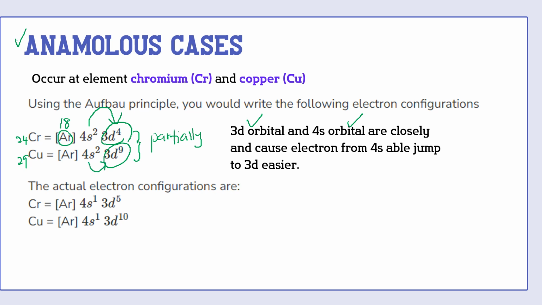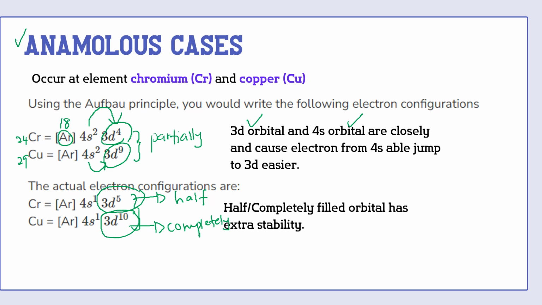Once one electron jumps to 3d for chromium and for copper, we notice that 3d5 is considered a half-filled orbital, while 3d10 is considered a completely filled orbital. As we understand, half-filled and completely filled orbitals have extra stability. Okay, so I think that is the end of this summary.